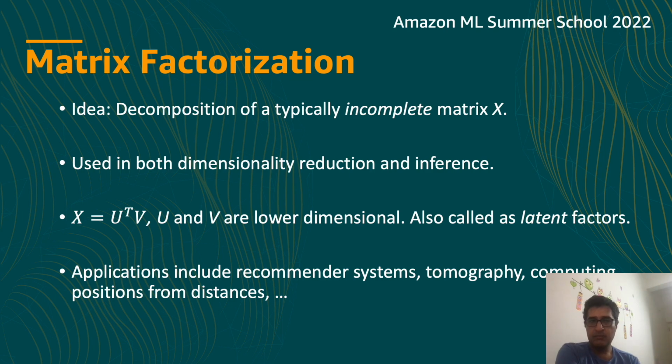Now the user-movie matrix is never complete, right? In case someone has not watched the latest Doctor Strange movie, the Multiverse of Madness, that's incomplete information that you have. You cannot assume whether they would have liked it or not. It's just pure missing information, right?